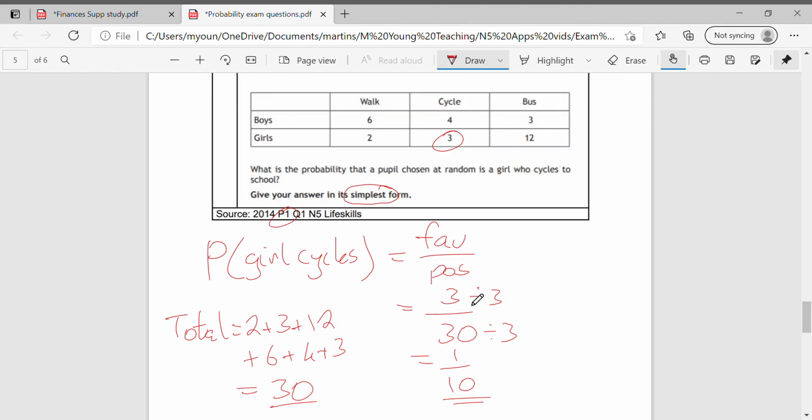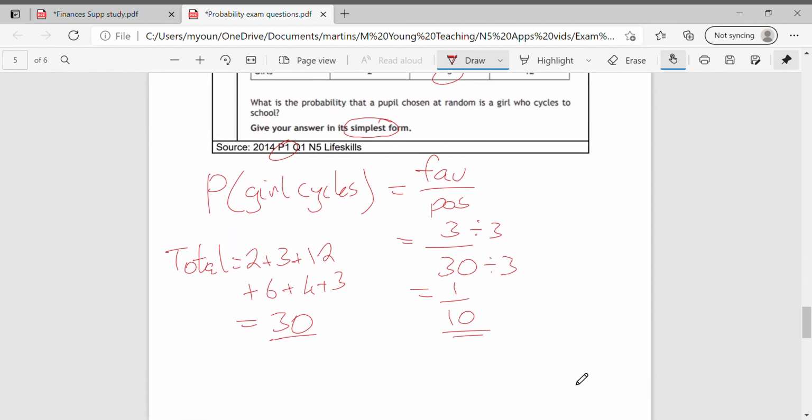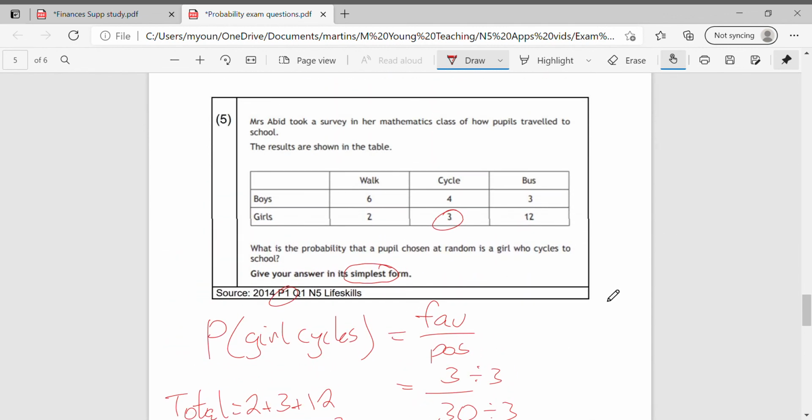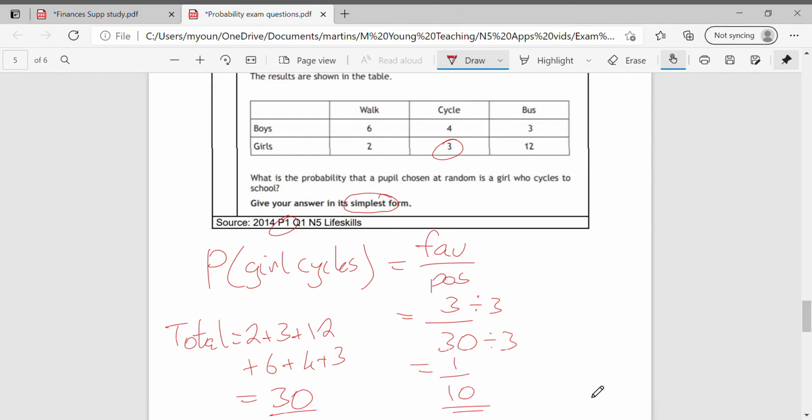Alright, but for probability, the concept itself in terms of the context can be quite challenging, but what you just need to remember is probability is the number of outcomes you're interested in over the total number of possibilities. And if you're asked to do it as a fraction, make sure that you simplify it down as well.